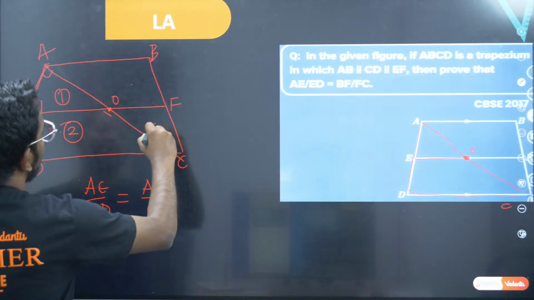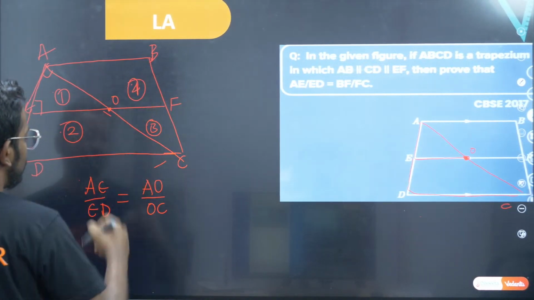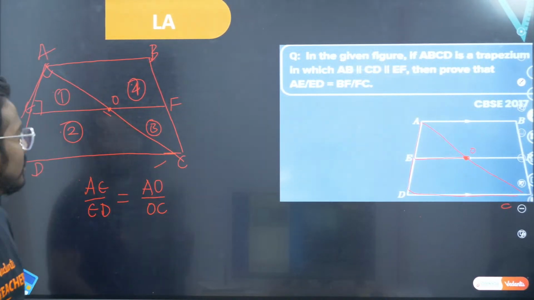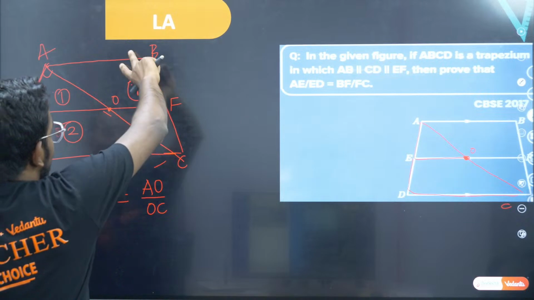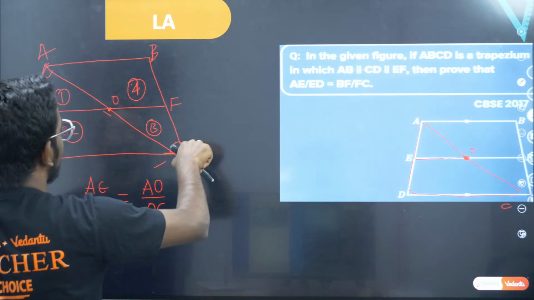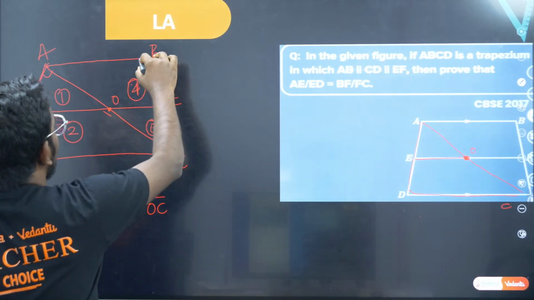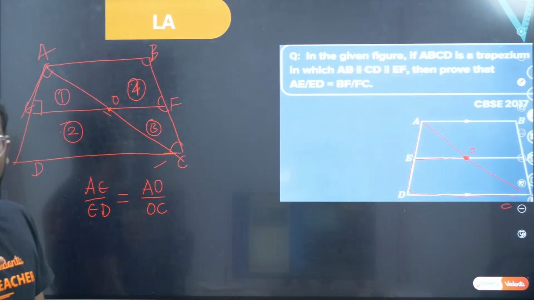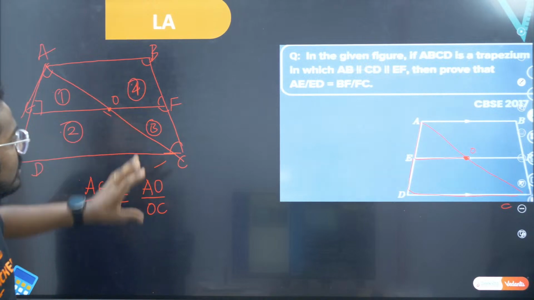So if you take triangle 3 and triangle 4, see, AE by ED is already ready. I also want BF by FC. So what is BF by FC for these two triangles? Clearly this angle is the same for both and corresponding triangles. So this angle and this angle are the same for them. Again, by the AA criterion, you can say these two triangles are similar.